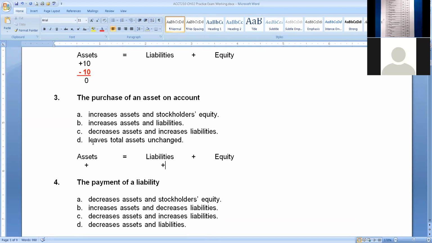So it'd be B, increase assets and liabilities. Yep, perfect. The asset's going to go up with whatever asset you're purchasing, and your liabilities are going up. In other words, you owe more people. You owe them now for whatever the price of this is.